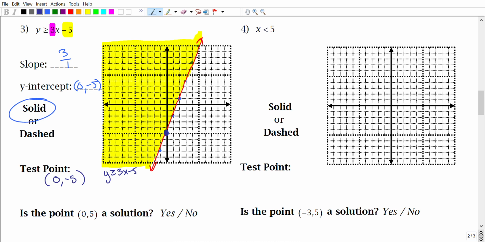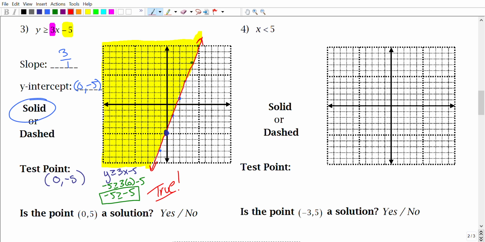If I substitute my values in there, I have negative 5 is greater than or equal to 3 times 0 minus 5. So negative 5 is greater than or equal to negative 5. Is that a true statement? Well, it's not greater than, but it's definitely equal to negative 5. Negative 5 is equal to negative 5, so this is a true statement.